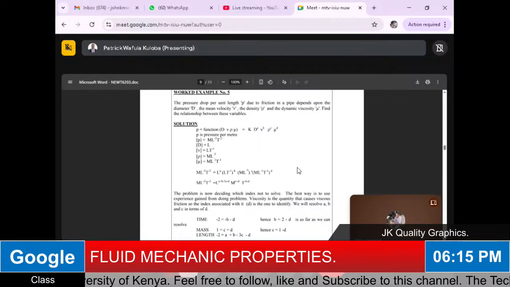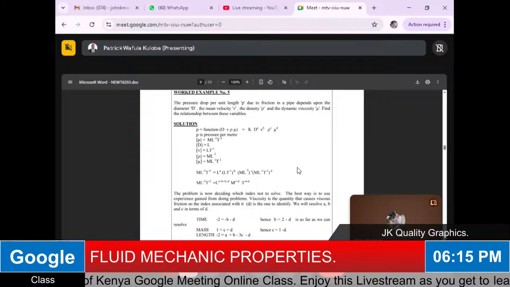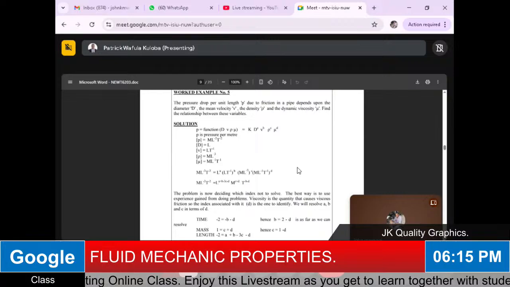So you can write this statement. To determine the values of the indices, three of the indices are expressed in terms of one of the indices.